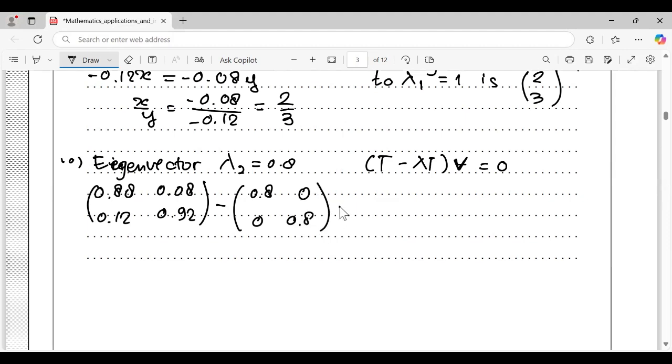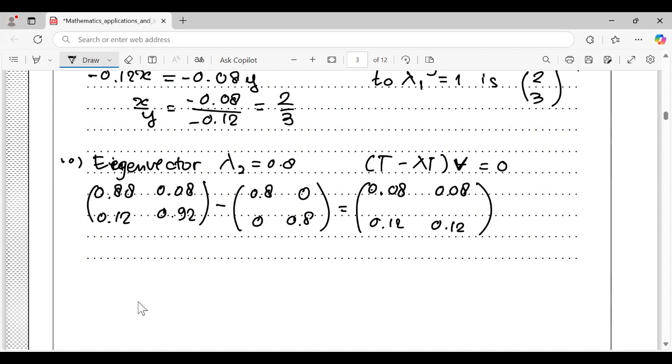It is 0.88 minus 0.8, which is 0.08. And this number minus 1 is still that number, 0.08, 0.12 minus 0 is 0.12, 0.92 minus 0.8 is 0.12.